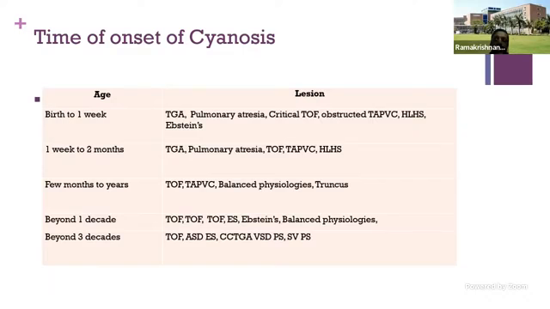The first thing I talked about is heart failure, when heart failure starts in a child. Depending on the history, if you find cyanosis started at birth, you're thinking of real critical lesions like TGA, pulmonary atresia, critical tetralogies, obstructed TAPVCs, HLHS, and Ebstein.